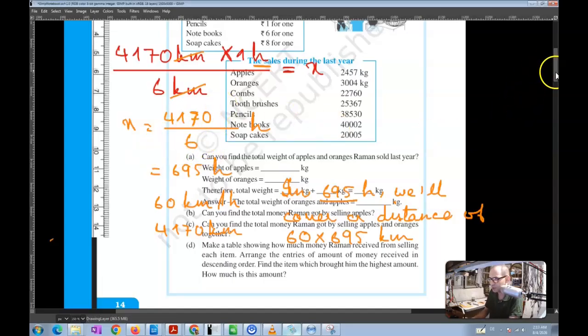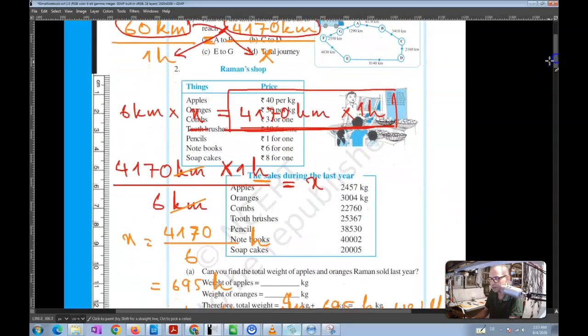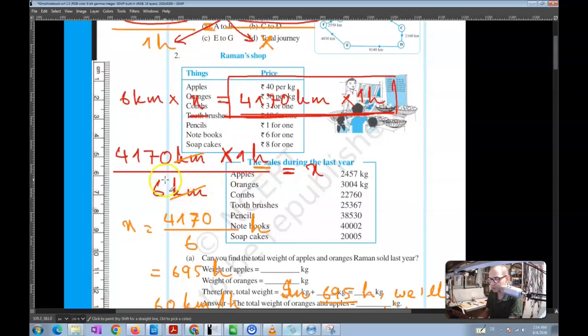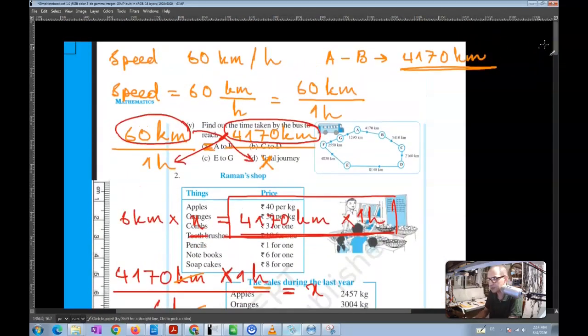The mistake that I have made is that I was supposed to divide by 60, but I have divided by 6. That's why the number has turned out to be so large.